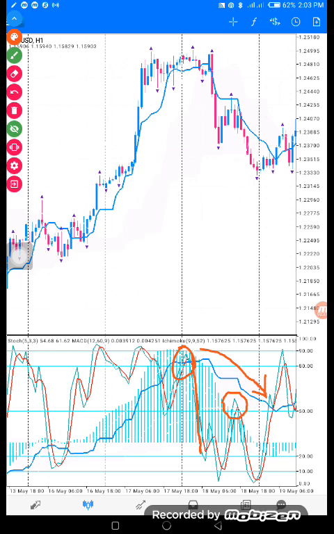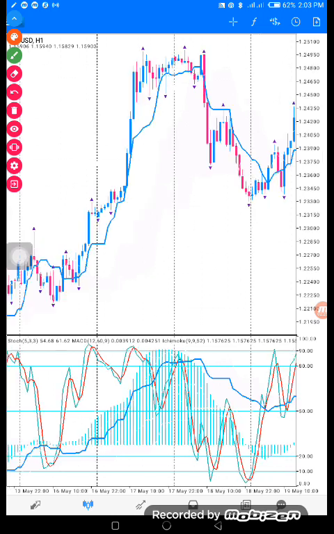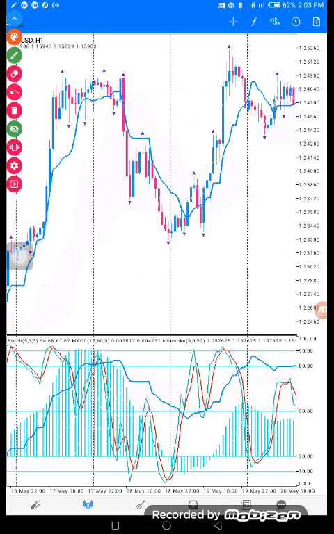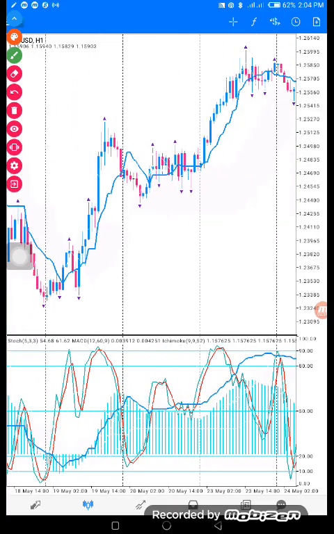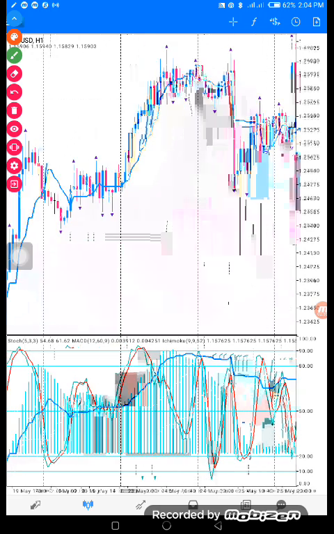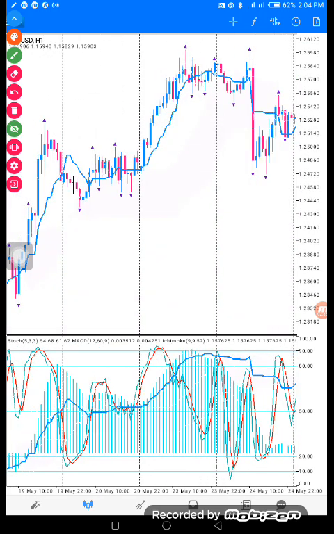So that is it. And then when I notice exactly here as well, you see things like this: Ichimoku lined up, and then you see a stochastic crossover. You understand?